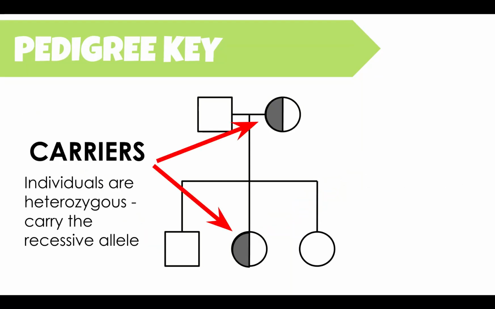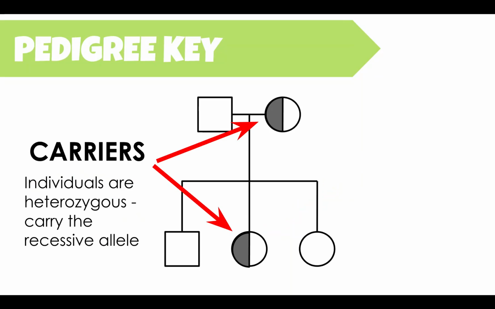Carriers are sometimes shown on a pedigree, but not always. So sometimes you will see half shaded in symbols, and that represents carriers. And because carriers are female, they should only ever be half shaded in circles if we are tracking a sex-linked trait.